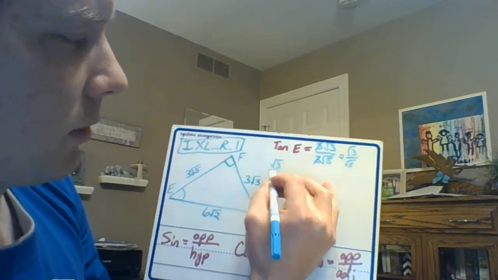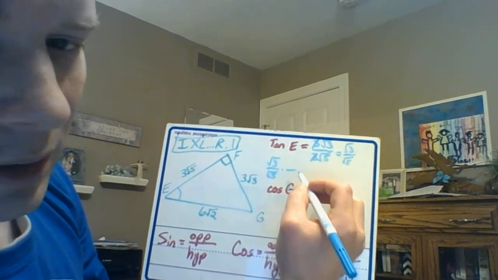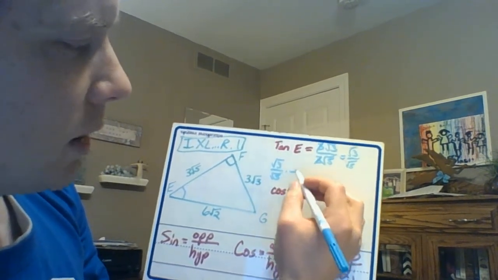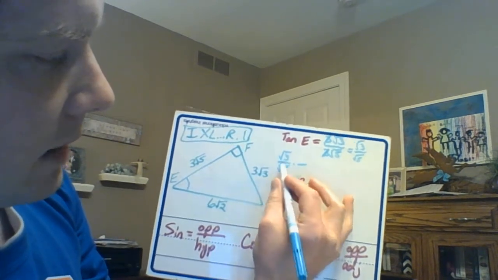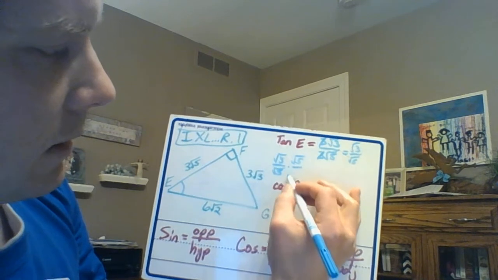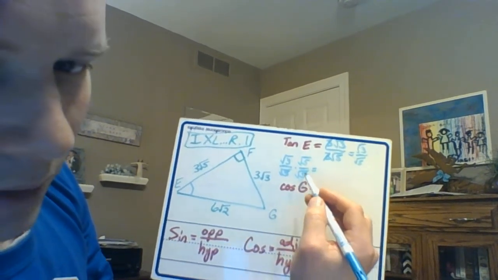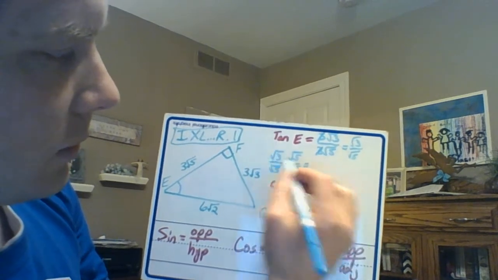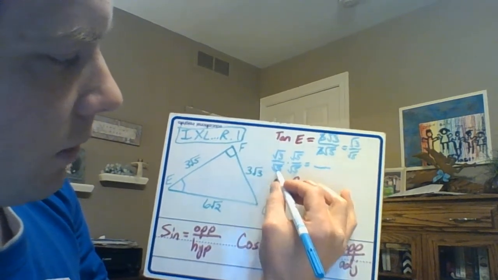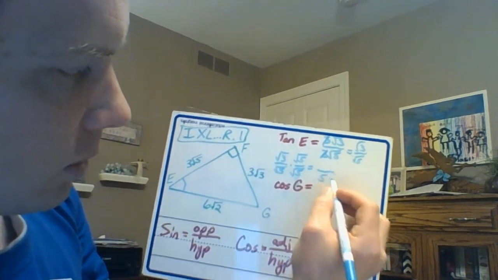So we take square root 3 over square root 5, and you're going to multiply by a fraction that's equal to 1, using that denominator number on the top and on the bottom. So that right there is what you need to multiply by. When you multiply across, square root 5 times square root 5, the square roots essentially go away.